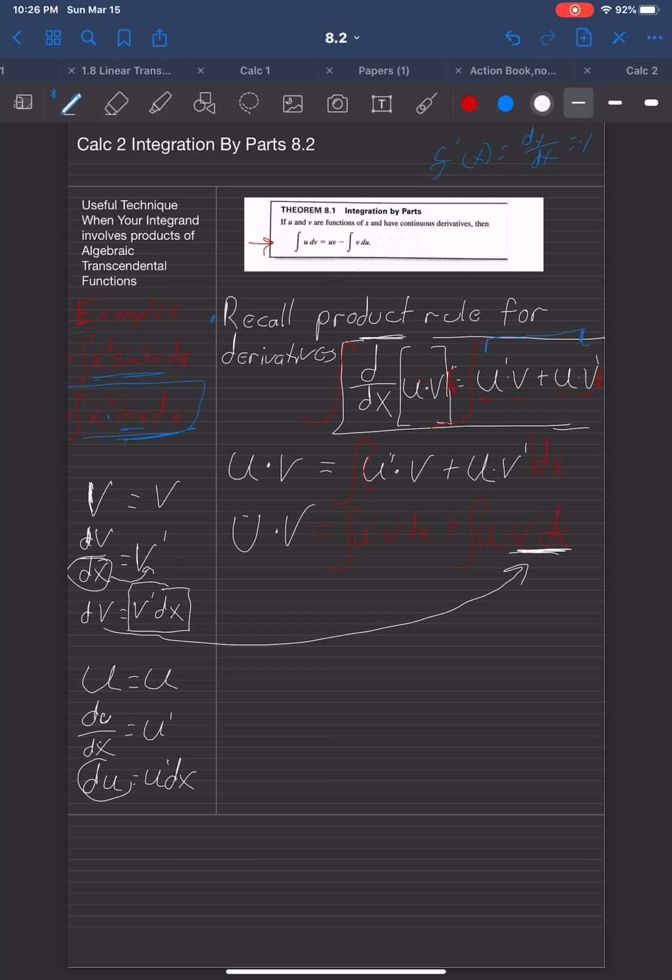And there again, one more round of substituting. Only this time I have my u prime and my dx will become du. Okay, now these arrows are cluttering my workspace, so I'm going to erase those. But as soon as I erase these and substitute, we are basically all done.